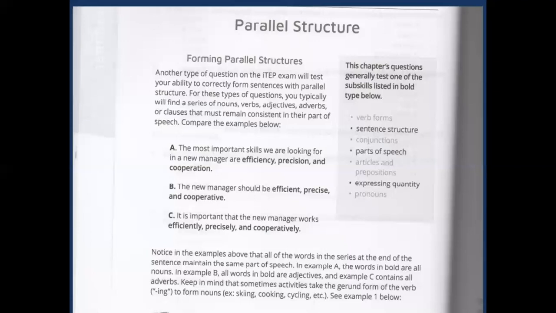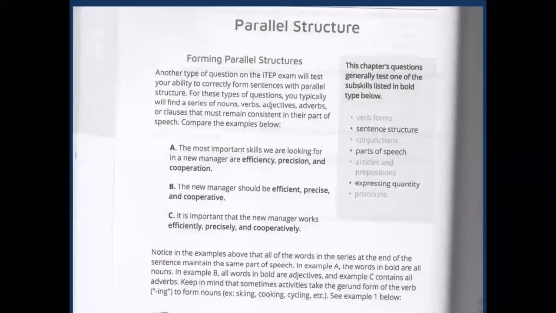Notice in the examples above that all the words in the series at the end of the sentence maintain the same part of speech. In example A, the words in bold are nouns, in example B all the words in bold are adjectives, and example C contains adverbs.